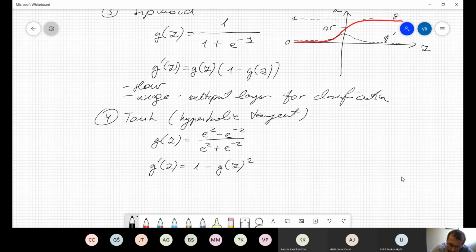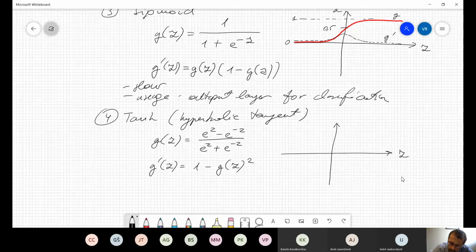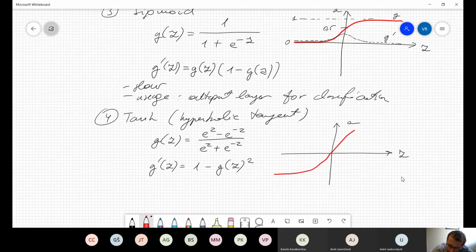Basically, now you can see that this hyperbolic tangent has a net input and an output activation, and the curve goes like this, passing 0, and then going like this again.